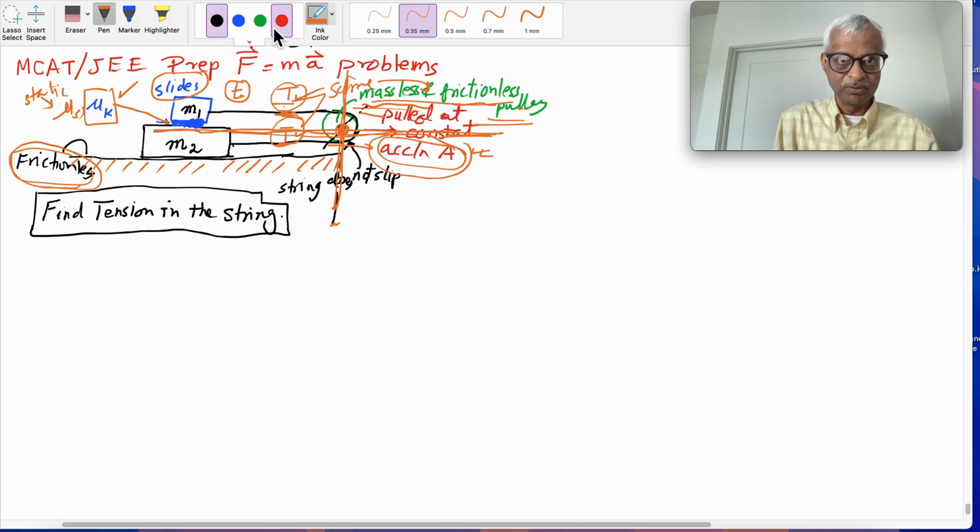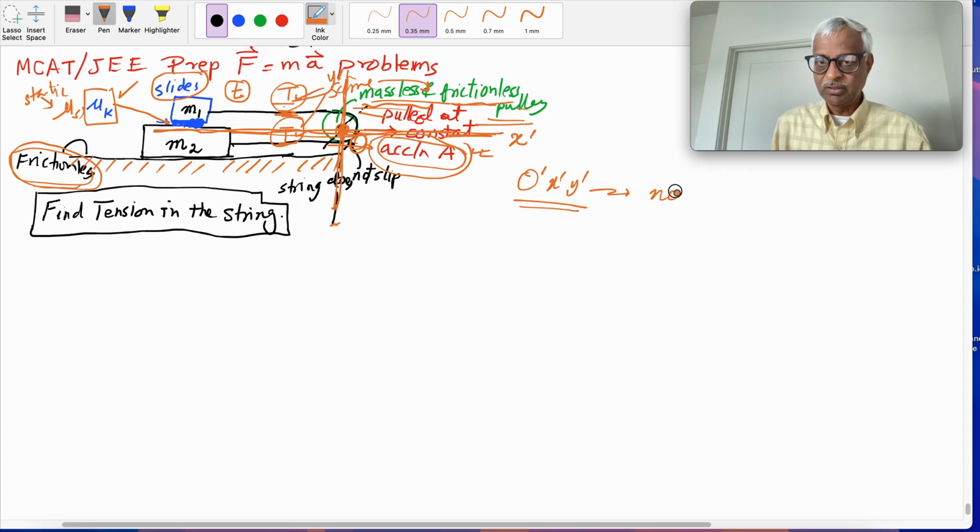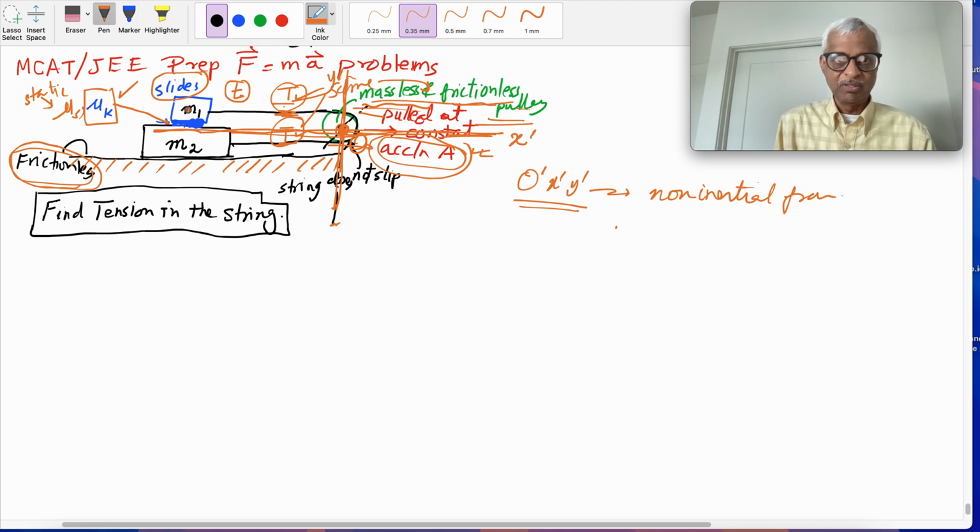If I do that, I'd call this X and Y, and its origin is fixed to the axle of the pulley, then let's call it primes here. So that will be O prime, X prime, Y prime. It's a good coordinate system, and maybe you should try to do it that way. I would not do it. This will be a non-inertial frame. For this, whether you write the equation for this block or that block, say I'm going to write the equation for M1.